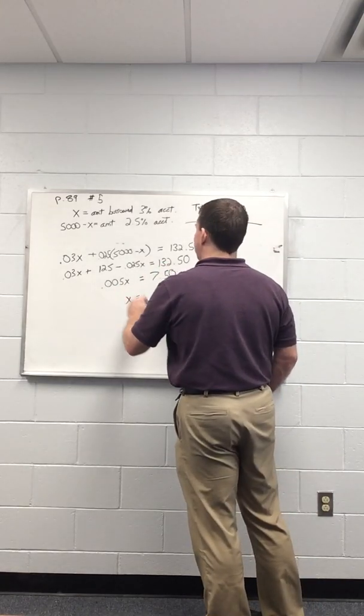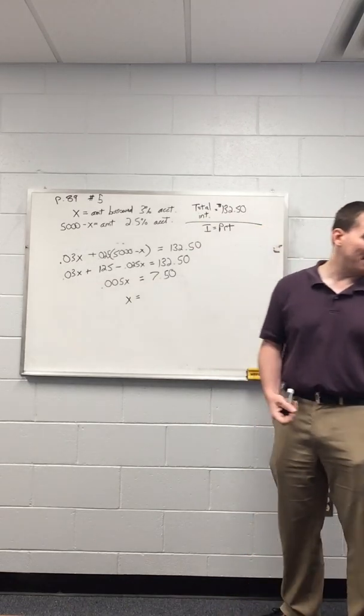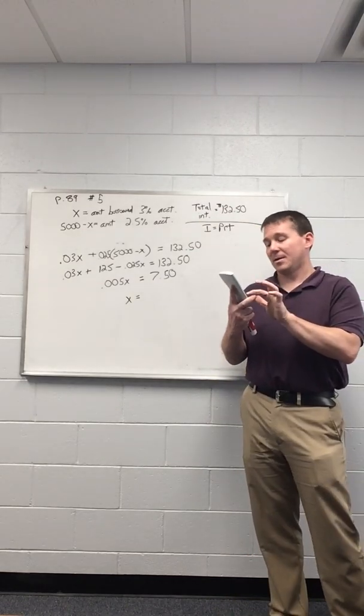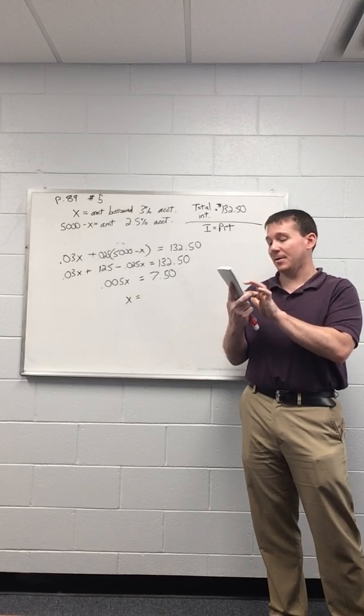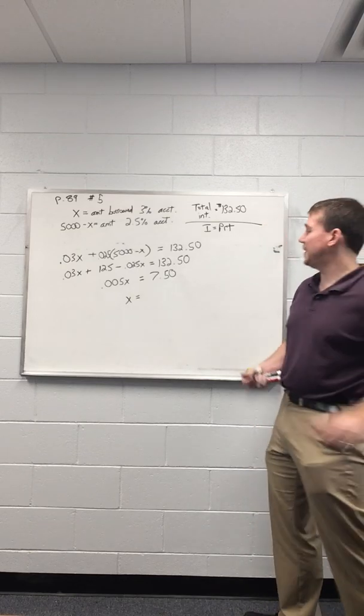And now to get x, divide 7.50 by 0.005. So we get 7.50 divided by 0.005 equals 1,500.